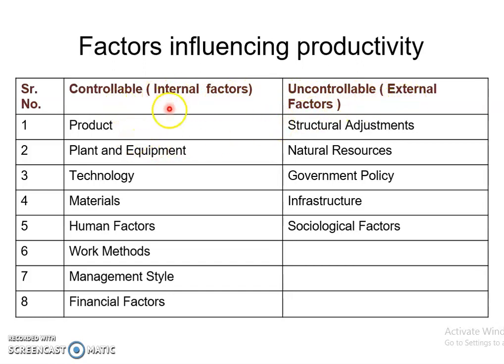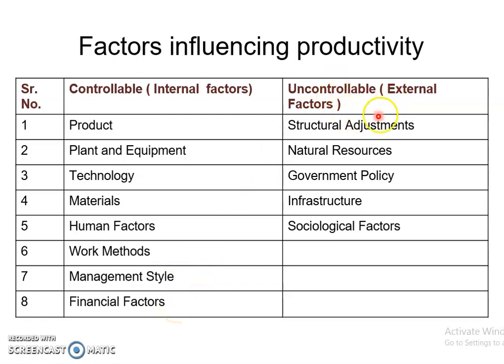Controllable factors are within the control of an organization, that is product design, plant and machineries, the technology it uses, the raw material it uses, human resource, work methods, management style, and financial status of the organization.